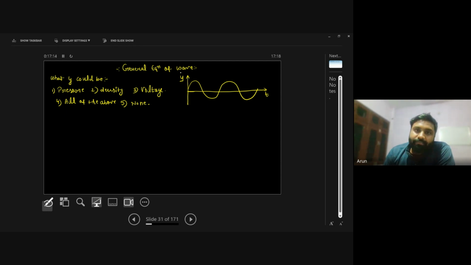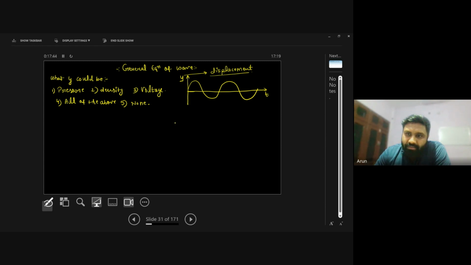And y here represents the displacement. So if you remember, I have taken at least 5 to 7 minutes to explain what displacement is. Displacement you cannot refer to all the time in the context of position.